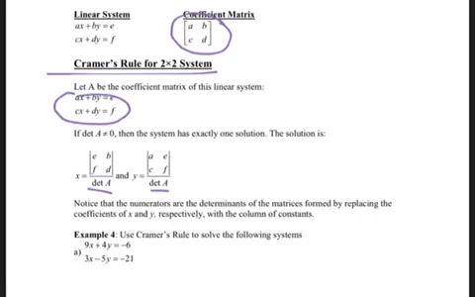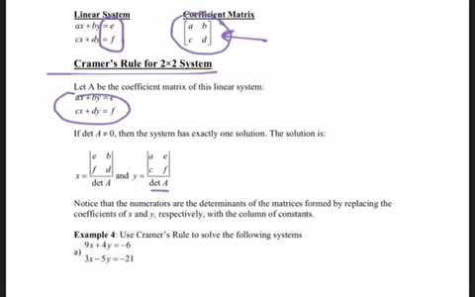So in order to solve for the solution of a system, meaning where the two lines intersect, for the x variable, what I'm going to do is first find the determinant of the coefficient matrix. That's what's going to go down here. Then I am going to replace the variable that I want to solve for with what the system is supposed to equal.